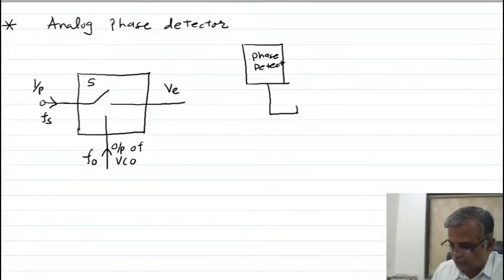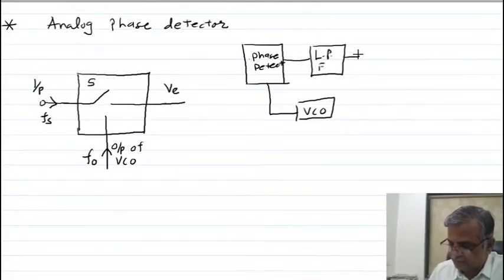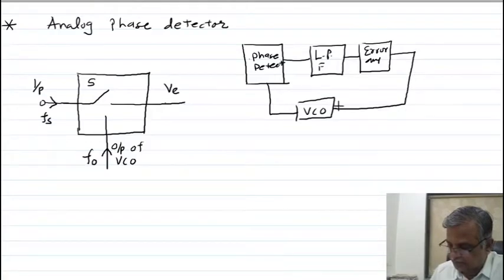Here is the output of the VCO. This is the block diagram of the PLL: a low pass filter, then your error amplifier, and the output of the error amplifier is given to the VCO.